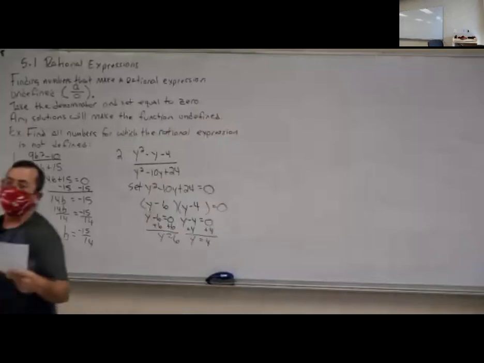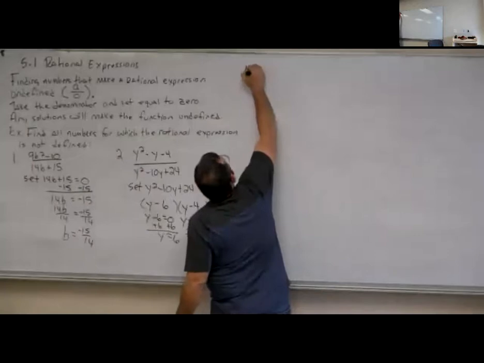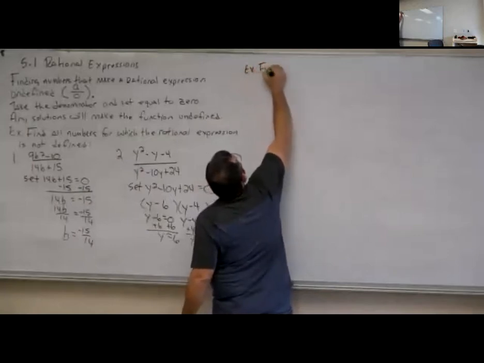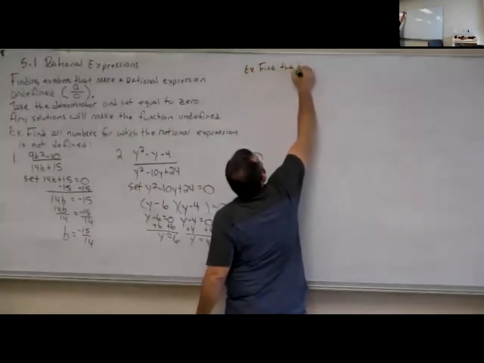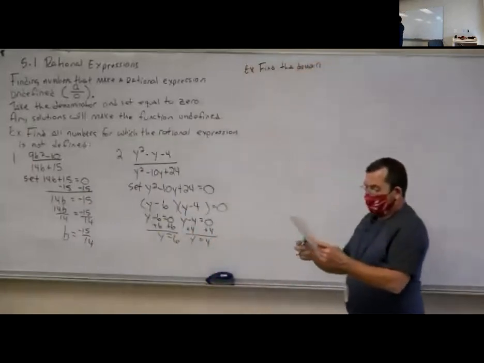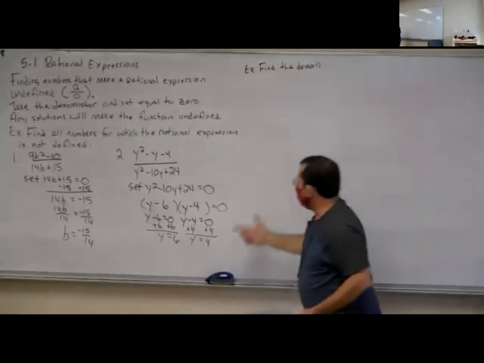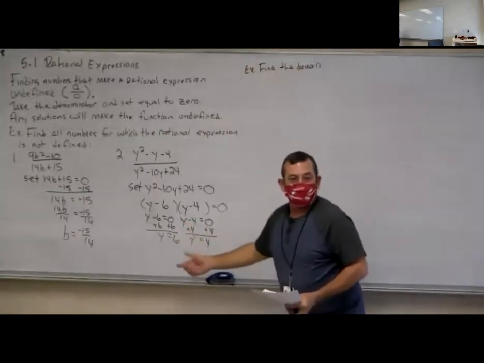Then they still want me to find domains. So on these examples, I'm going to find the domain. But you know what's nice about domains is I find them the same way I found those numbers that made them undefined, okay?